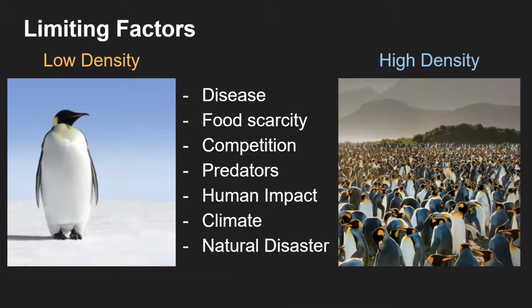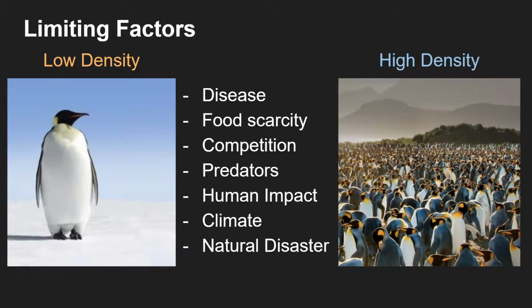Now, food scarcity. Let's say that there's a food scarcity here. This penguin has less food available. Well, it still has a huge area that it could go to find food, and as a result, it's probably going to be able to get a meal. Whereas here, if there's a food scarcity, you have a couple options. Either organism A gets it and B starves, organism B gets it and A starves, or A and B both get a little bit of food and they both kind of suffer malnutrition but survive.